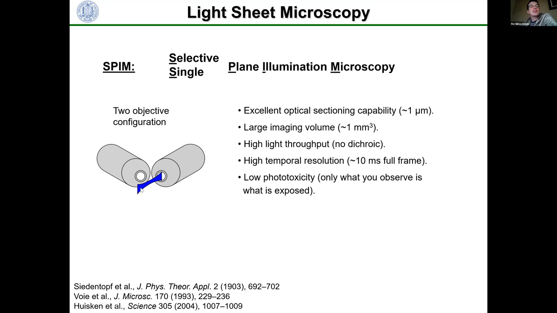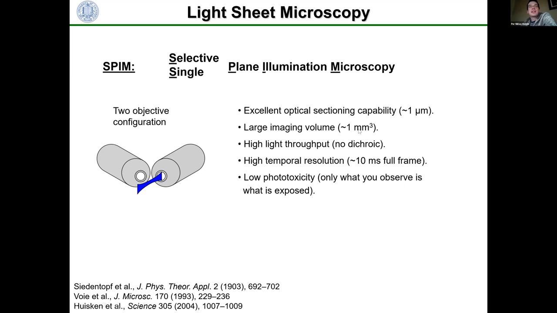And because this sheet of light only illuminates the plane that is in focus of the detection lens, you don't generate any out of focus fluorescence, and you can have optical sectioning, but with a camera detector. So some of the advantages, you have this optical sectioning capability that is similar to a confocal microscope.